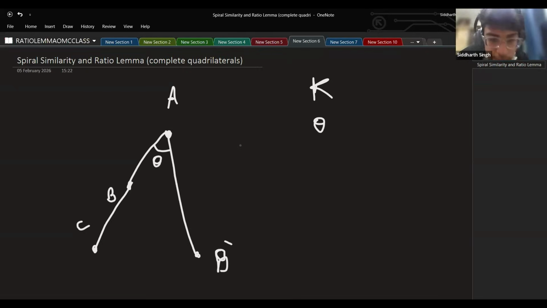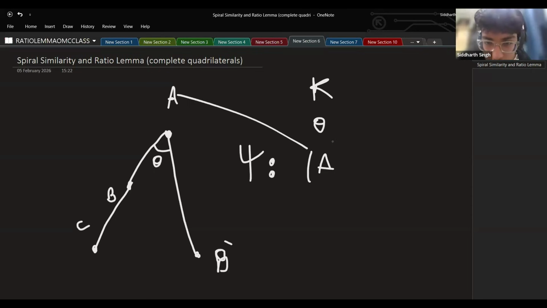A spiral similarity is dependent on three things: the center of spiral similarity, the scale ratio, and the angle of rotation.